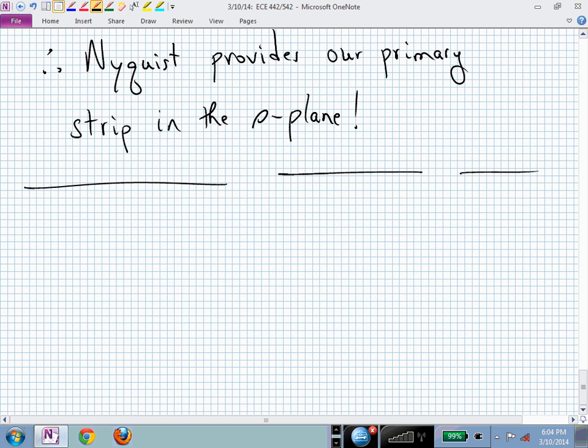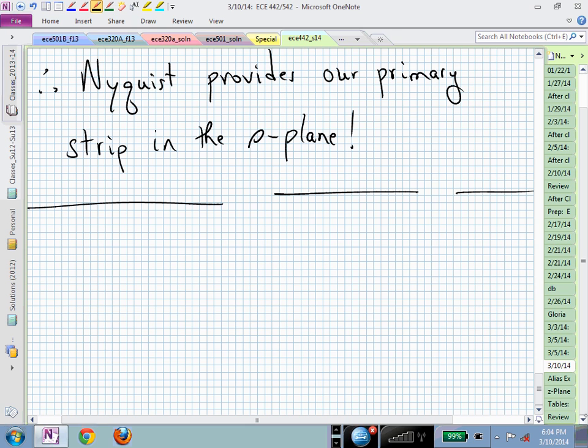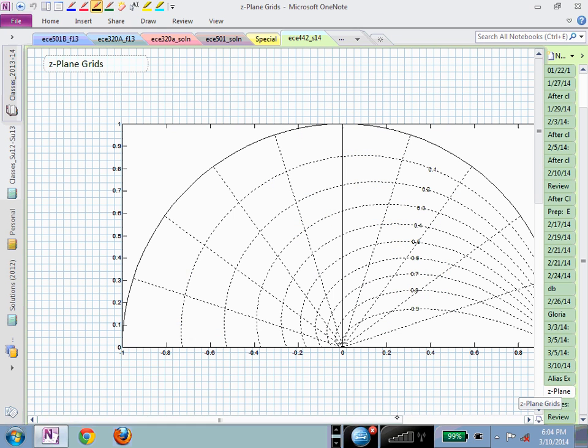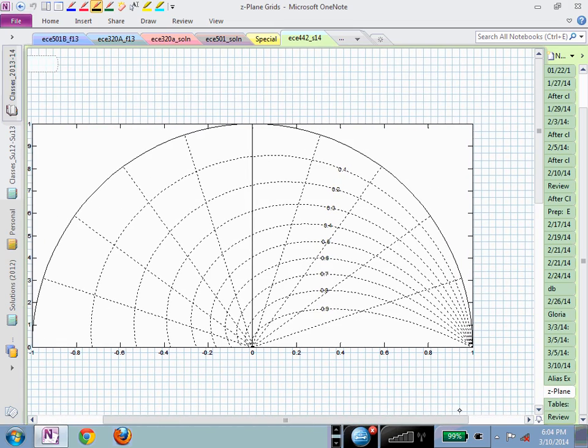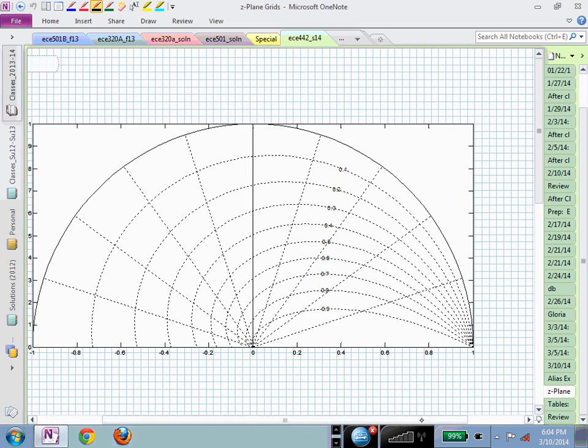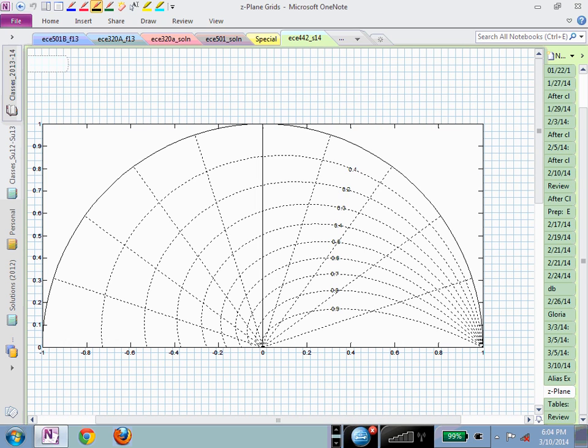Oh, and I did some more playing today. Some of you were asking, how do we find these zeta lines? Well, MATLAB will do it for you if you want it to. Remember the zeta lines, those correspond to a certain percent overshoot.